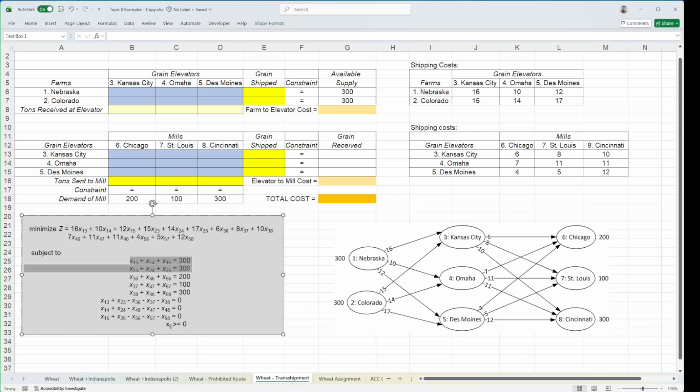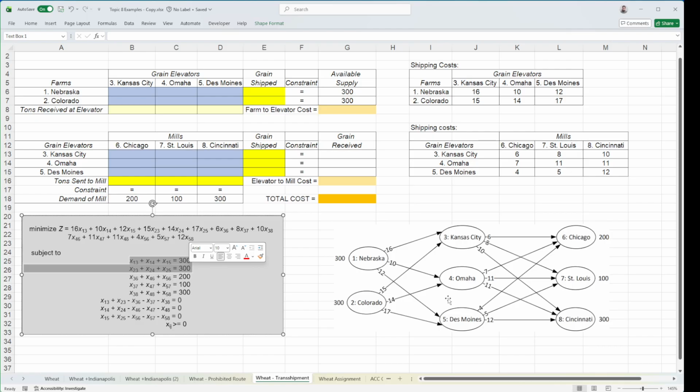The first two constraints show the supply constraints for Nebraska and Colorado. Same thing as before, whatever is shipped out of each supplier, x13 plus x14 plus x15, in this case should be equal to 300. Should be equal to what they have.